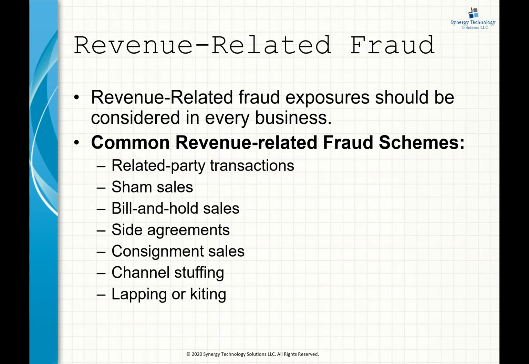And you're not disclosing it to the auditor. They don't know that you have this side agreement. And it creates additional liability for you. And it is not disclosed anywhere in the financial statement. So this is another way you can create fake revenue. Consignment sales, that's another one.